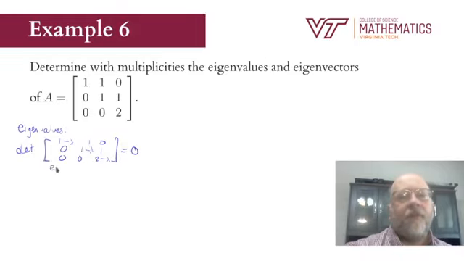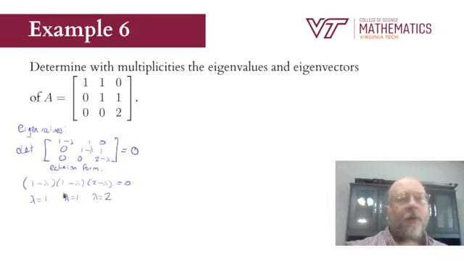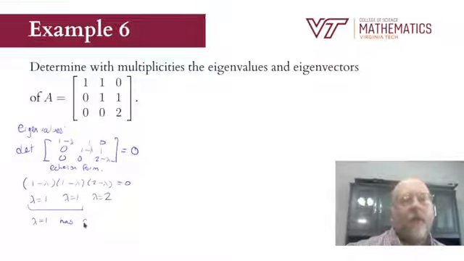This is already in echelon form, and so the determinant is what we get when we multiply down the diagonal. And so lambda is equal to 1, lambda is equal to 1 again, lambda is equal to 2. So we really only have 2 eigenvalues. But lambda equals 1 has what they call an algebraic multiplicity of 2.